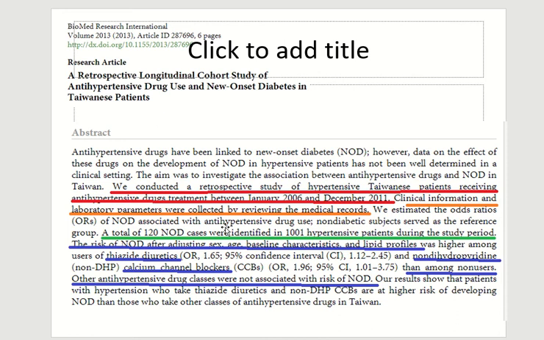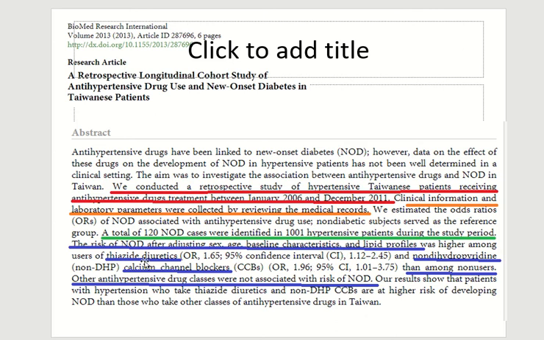There is also another odds ratio for the calcium channel blocker. This odds ratio is 1.96 with a confidence interval of 1.01 to 3.75. We can interpret this odds ratio as a 96% increase in the odds, and the confidence interval does not cross 1, and therefore it's statistically significant.